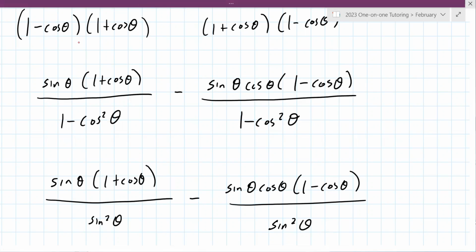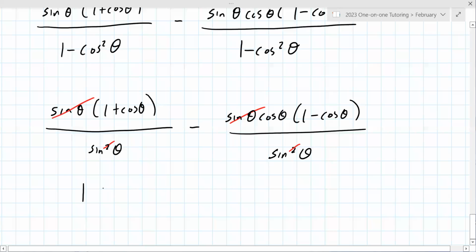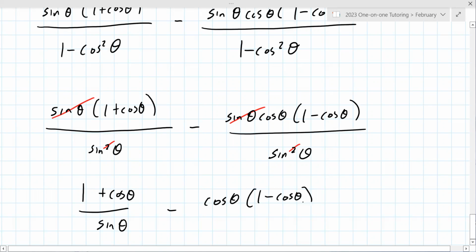Yes, one of the sines cancels that one, that one, and that one. That's really good here. So you got 1 plus cosine theta over sine theta minus cosine theta, 1 minus cosine theta over sine theta.